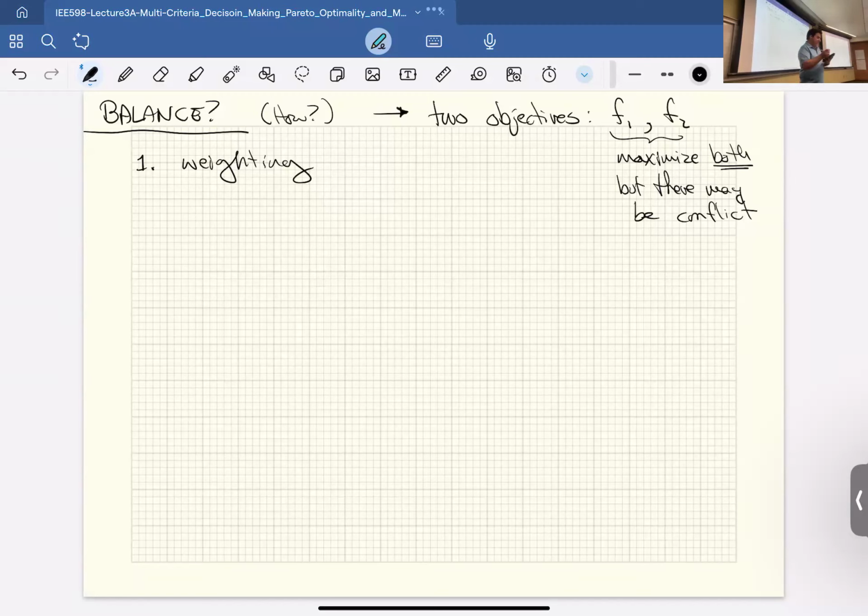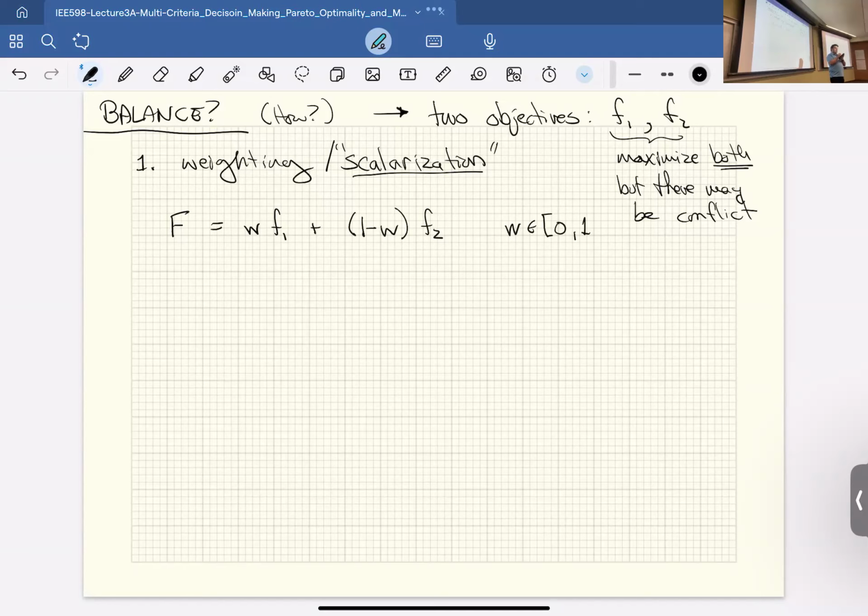One way to do that is to create, and this is something we're going to call scalarization, a separate objective, which I'll call F, and it's just going to be some weight W times F1 plus (1 minus W) times F2, where W is between 0 and 1. So it's the convex combination of this one and this one.